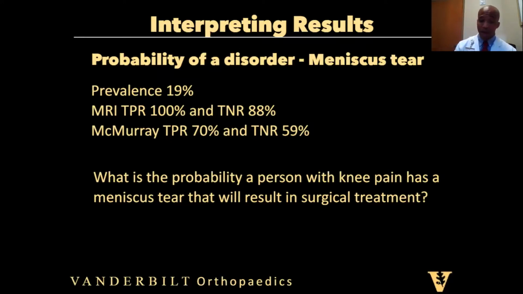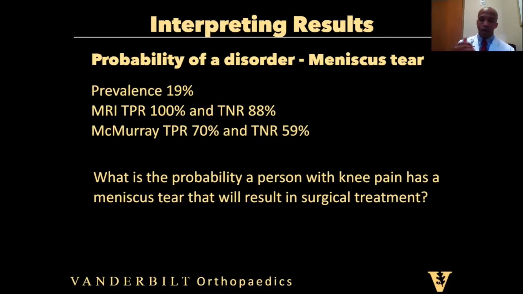So for an MRI, the likelihood ratio comes out to 8.3. That's 1 divided by, let's see, do my math, 0.12. The likelihood ratio for McMurray's is 1.7. So that would be 0.7 divided by 0.41.